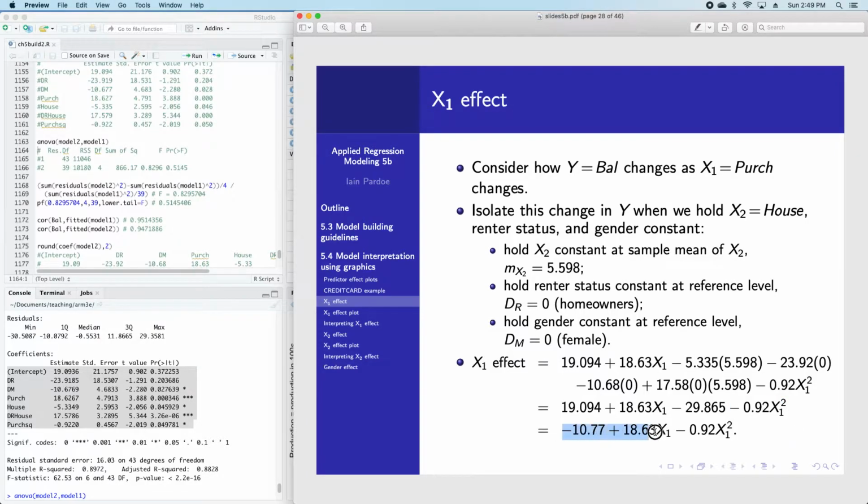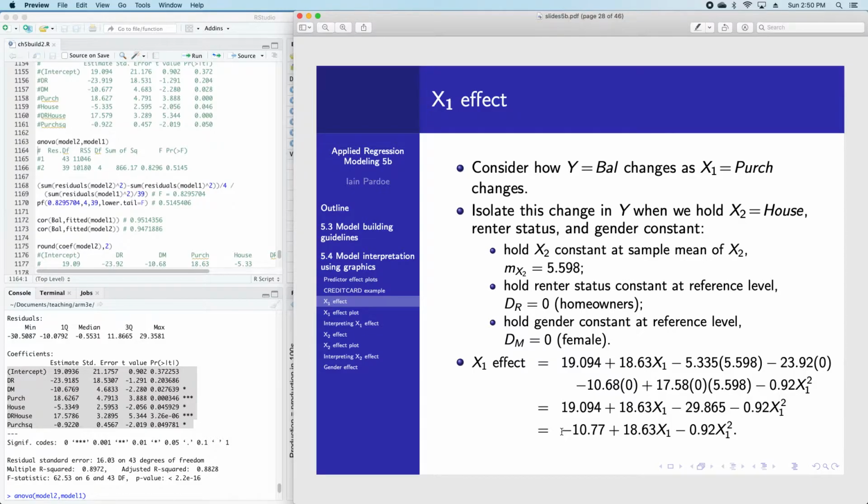So I've ended up with an equation of just x1. This is telling me how y changes as x1 changes, with x2 held constant at this value, renter status dr equals 0, and gender status dm equals 0.